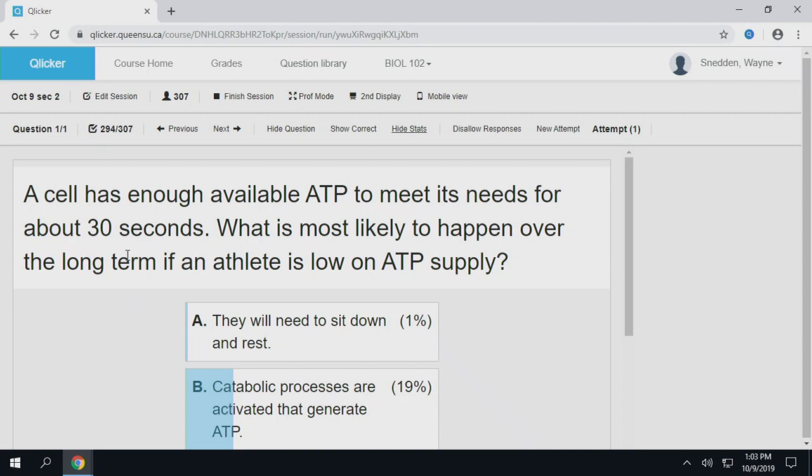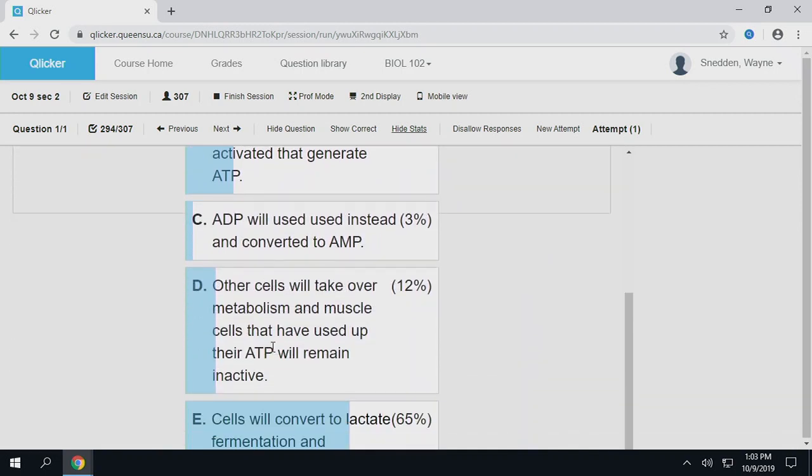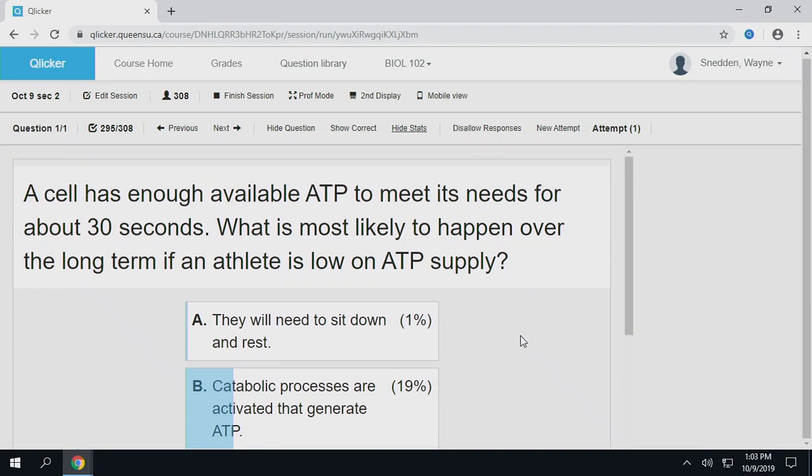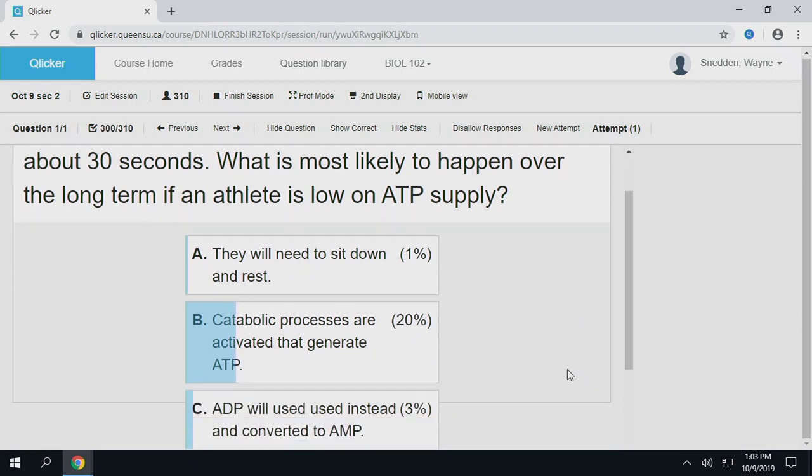So it's actually, in a sense, a simple question, but the distractor, because you know that under low oxygen, which may or may not be the case, the question doesn't say anything about oxygen availability, but the answer is simply catabolic processes are going to be activated to generate more ATP, right? And if you don't have enough glycogen, so you're not feeding enough carbohydrate in, you got lipid and protein. You need to have something. Carbohydrates, lipid, protein. That's what you're burning. Okay.